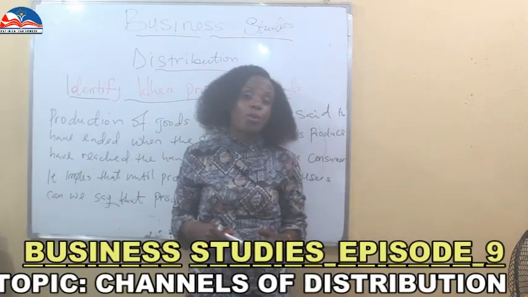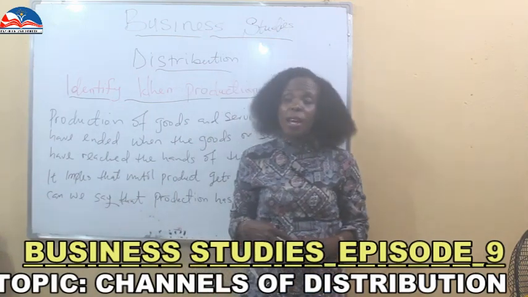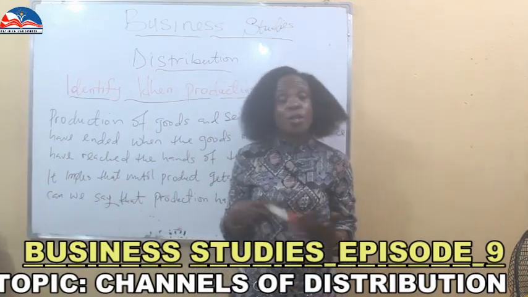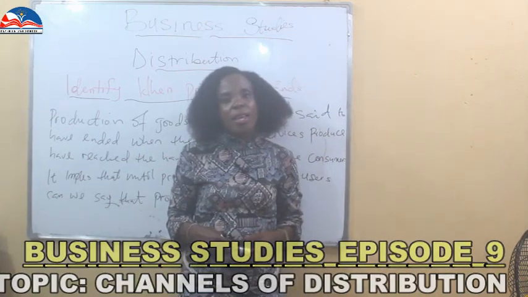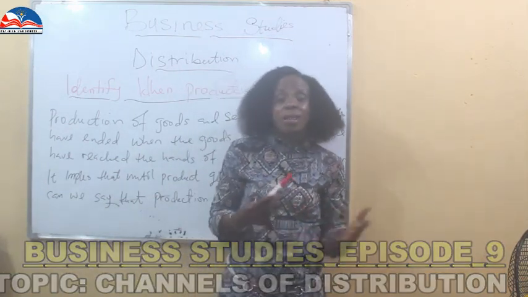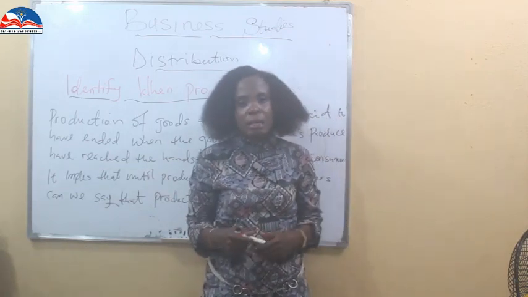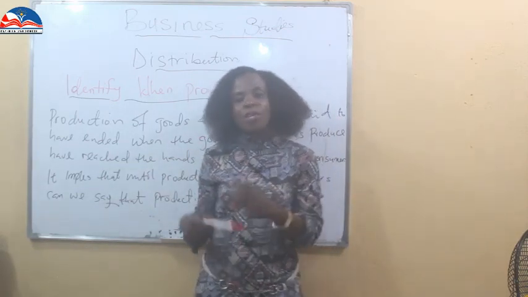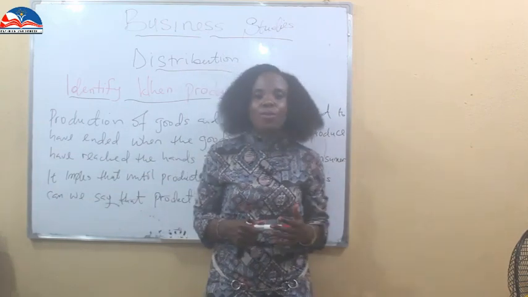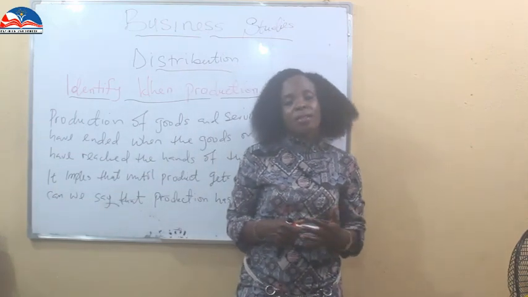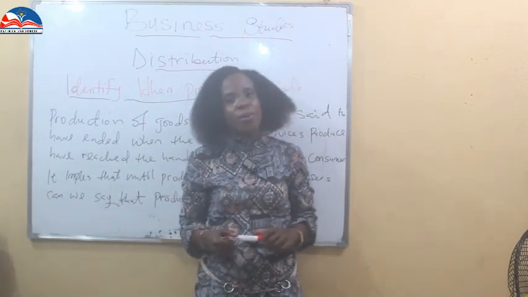That is when we say the product's life cycle has ended, and that is when we can say that production ends. If a producer produces and it is still in the warehouse of the wholesaler or the agent, it has not ended the cycle. If it is still in the hands of retailers, it has not ended the cycle.